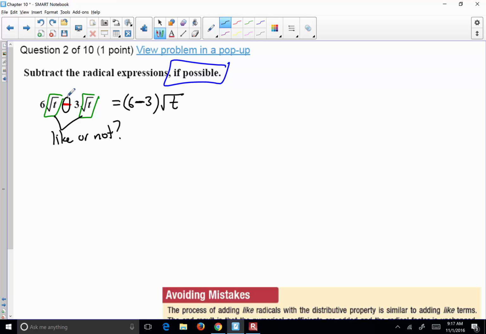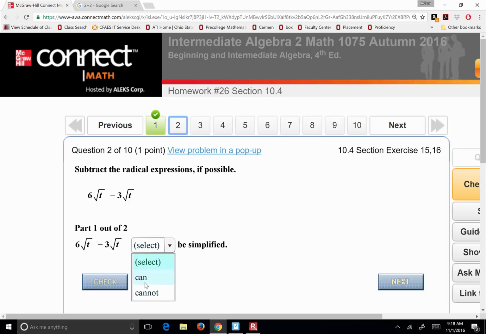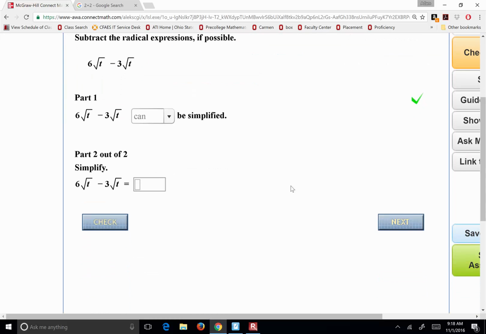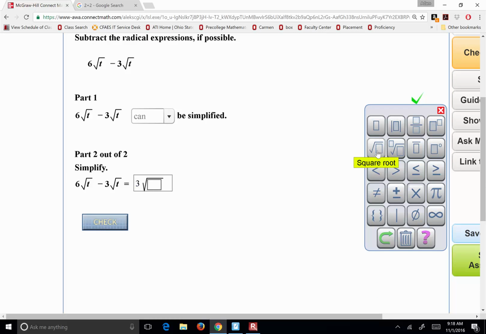So I put 6 minus 3 in parentheses and copy one sample of one apple, or one prison, here. Do not double the prison. Some people put it twice next to each other. No, you only combine them to make one. And what is 6 minus 3? 3. The answer is 3t. 3 square root t. So the first thing you need to check is if they can be simplified. Yes, they can. And the answer is 3 square root t.